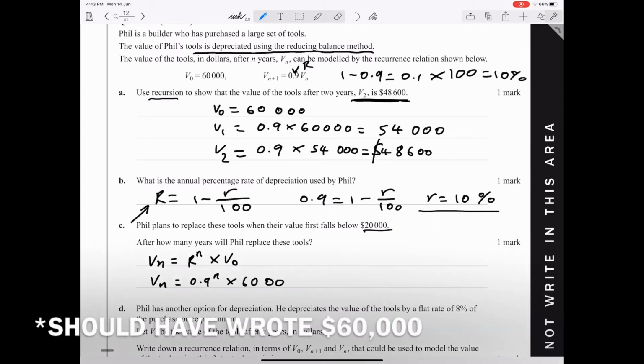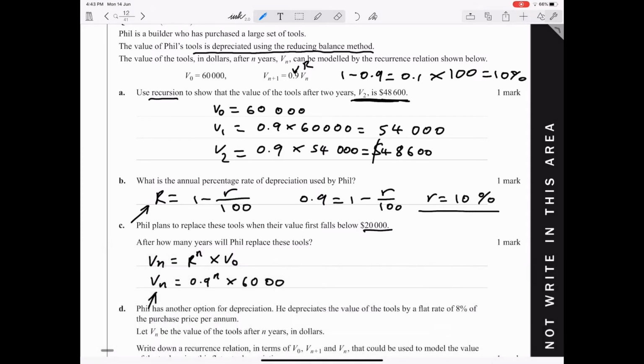So if we sub Vn as 20,000, we'll find the value of n. 20,000 equals 0.9 to the power of n times 60,000. If you put that on your calculator and solve for the value of n, you'll get n equals 10.42.